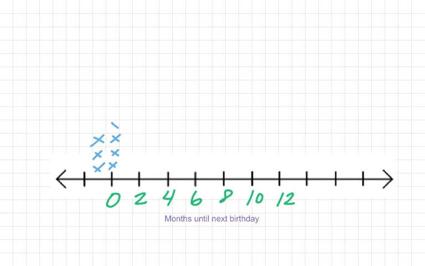Whoopsie. I was looking at the wrong section. So when I'm labeling 1, it's in between the 0 and the 2. Now when I'm going to put the 4 respondents down for 2, I'm putting it right above the 2.